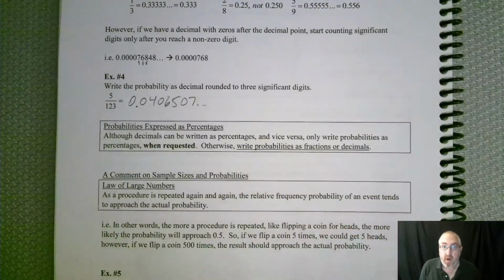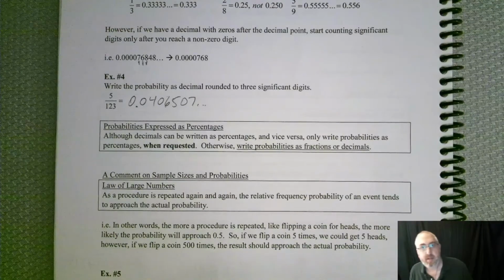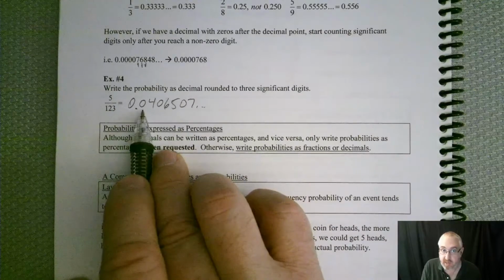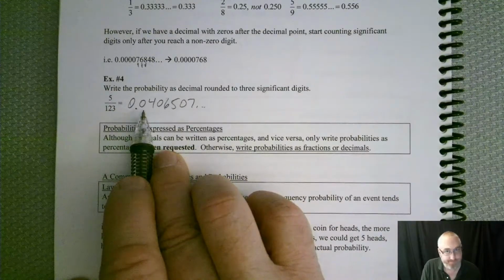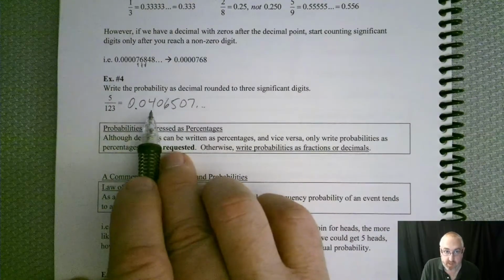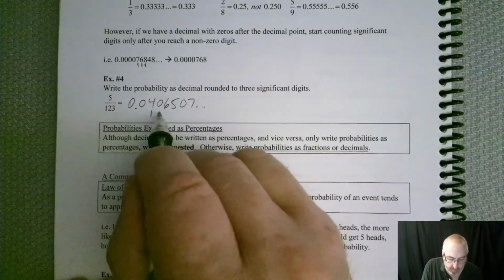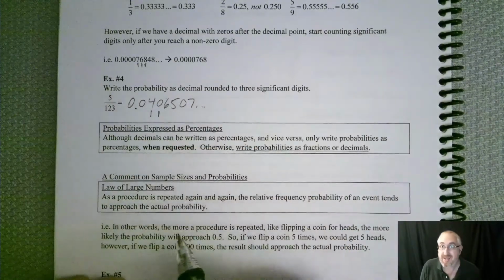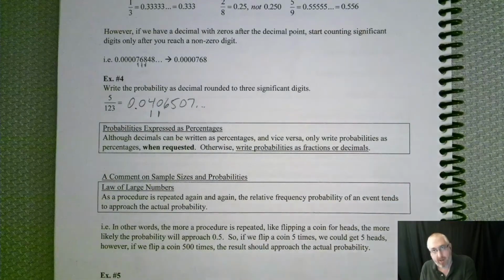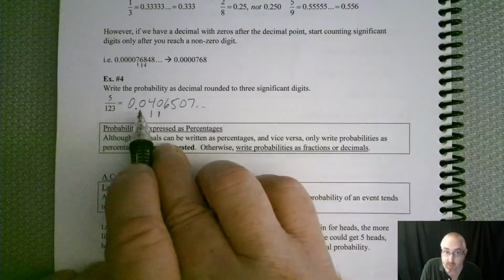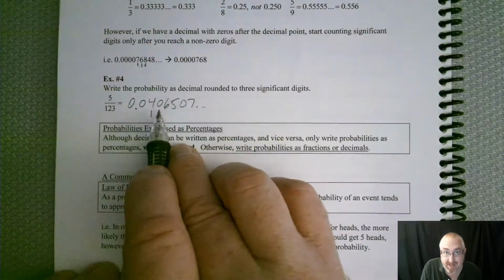So what digit are we going to be rounding? What's the 3rd significant digit in this decimal? Would this 0 be significant? The first significant digit is the 4. This 0 is considered significant once you've hit another significant one. So even though this 0 was not, this 0 is.